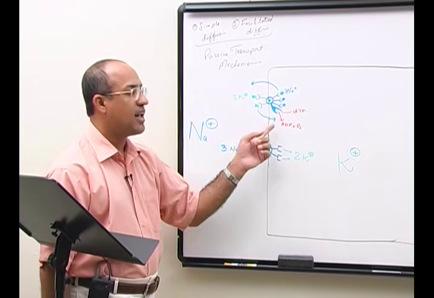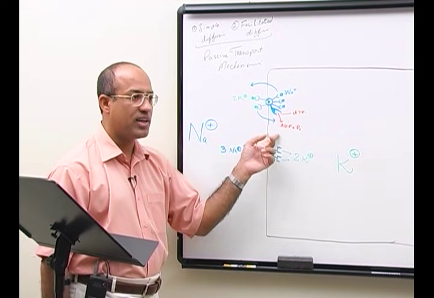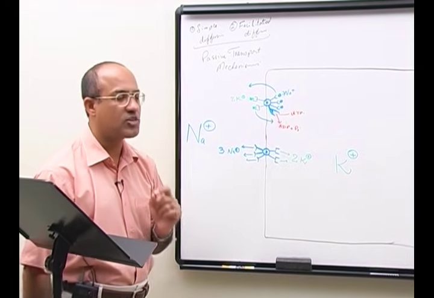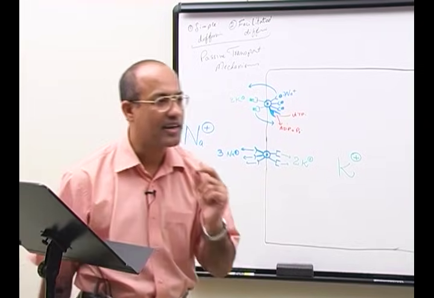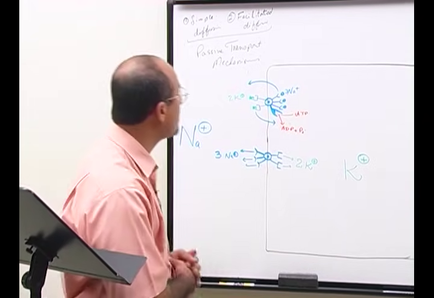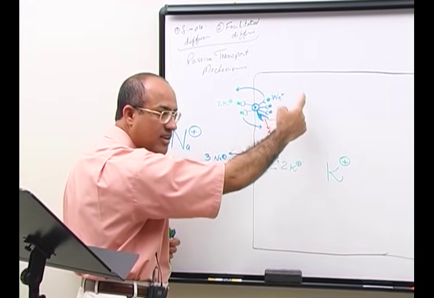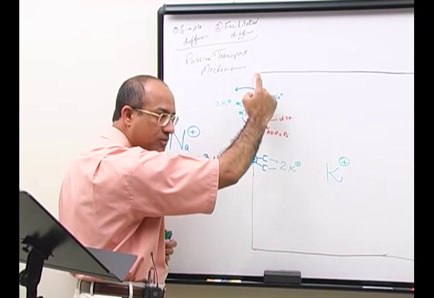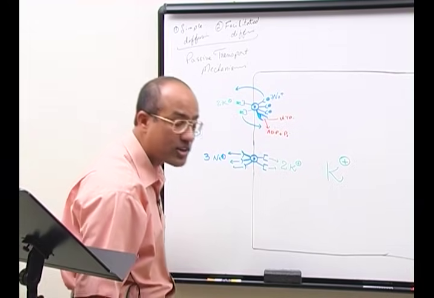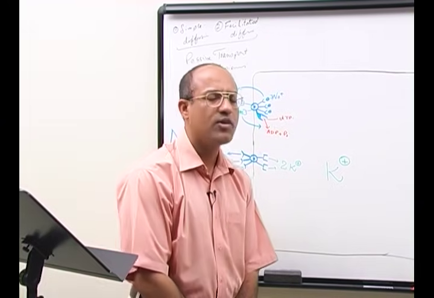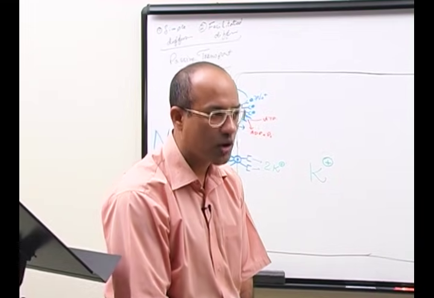And secondly, in any transport mechanism, when energy is utilized, that transport mechanism is said to be active transport. You know, simple diffusion was passive transport. Facilitated diffusion was passive transport. Because in simple diffusion and facilitated diffusion, substances are moving from high concentration to low concentration.